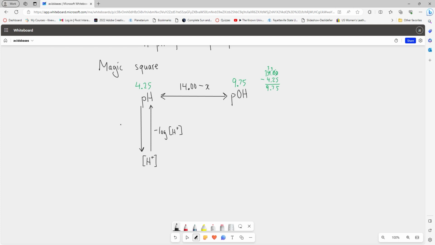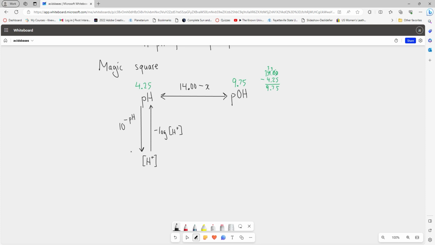And to go the other way, you take 10 to the minus pH. So on your calculator, you take 10 to the power of negative 4.25. So in your calculator, just enter in 4.25, make it negative, and then it's usually shift on the log to make it 10 to the x. So 10 to the power of negative 4.25.